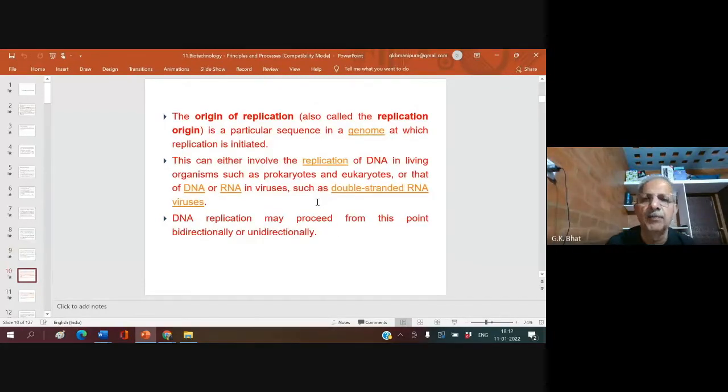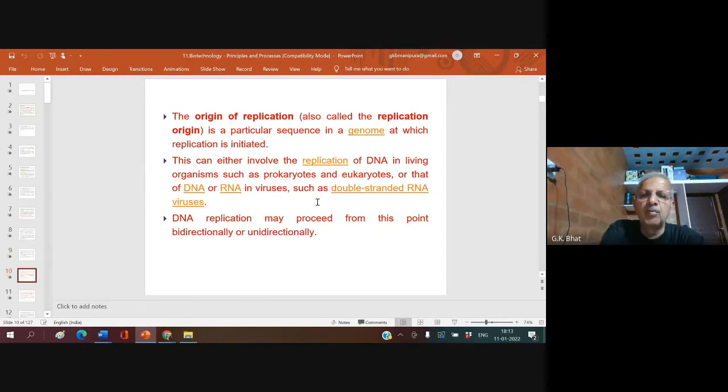Now let us see. Origin of replication, also called replication origin, is a particular sequence in a genome, meaning DNA, at which replication is initiated. This can involve replication of DNA in living organisms such as prokaryotes and eukaryotes, or that of DNA or RNA viruses, such as the double-stranded RNA viruses.